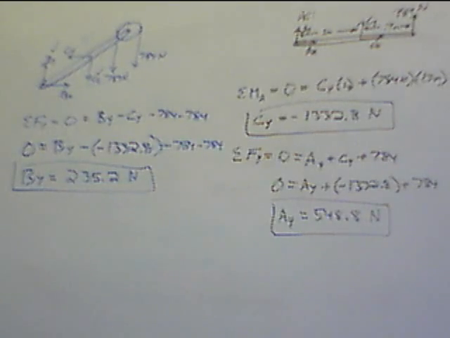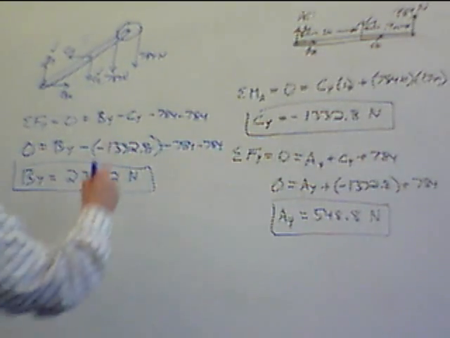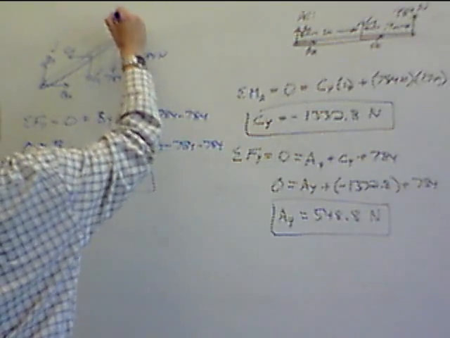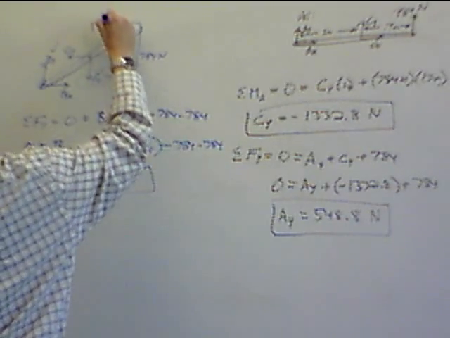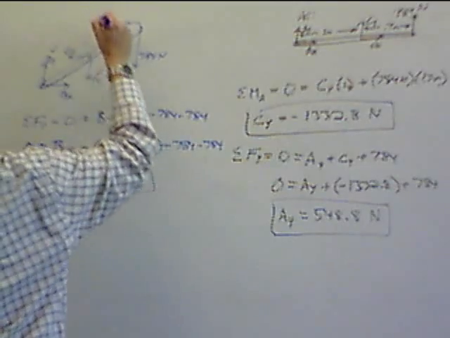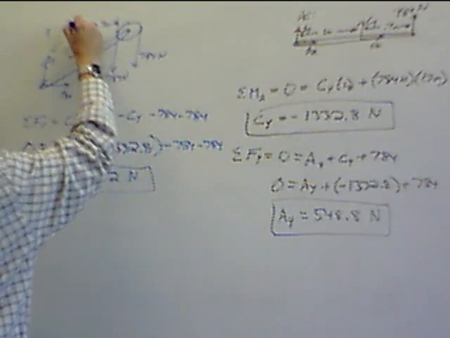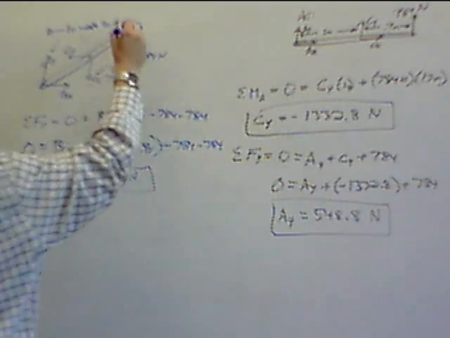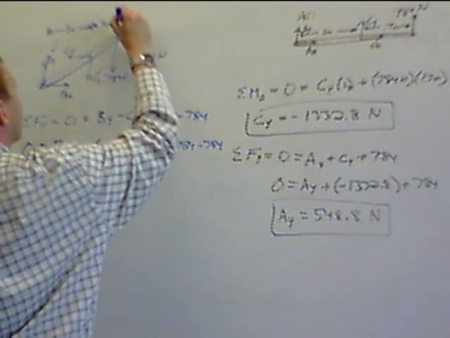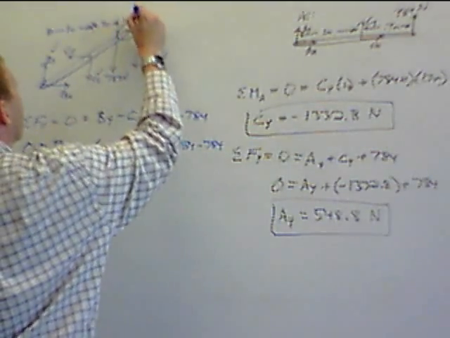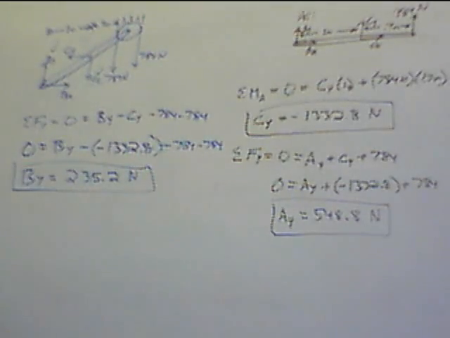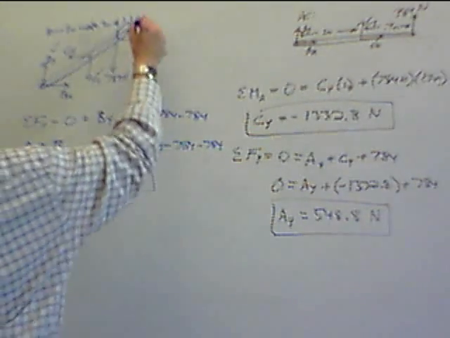So looking at some of the geometry here. Okay, this distance was 0.7 meters. This distance was 1 meter. And then the radius here was 0.1 each step of the way.